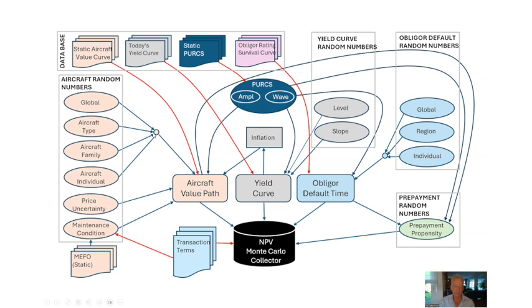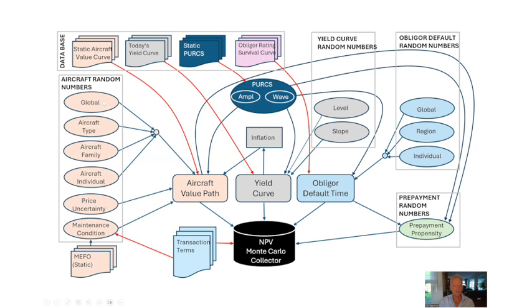This is called a mean reverting Ornstein-Uhlenbeck stochastic process. And in the previous video, I showed you how that random variable determines the movements in each time step to generate the path of the aircraft value around the expected aircraft value curve.